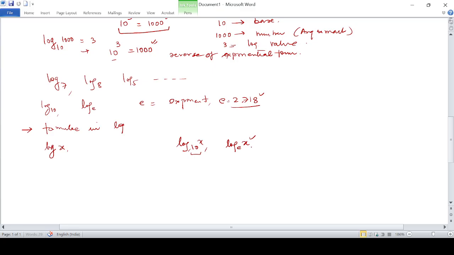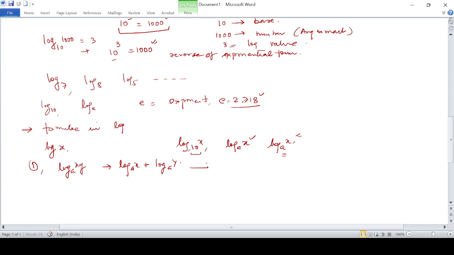So, we can write something like log base a of x. Okay, so base is a, x is the argument. This is called the multiplication and addition formula: log base a of xy becomes log base a of x plus log base a of y.